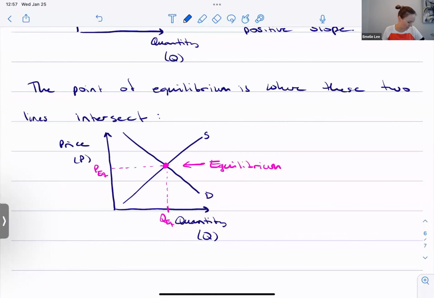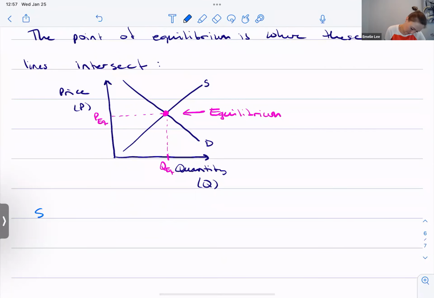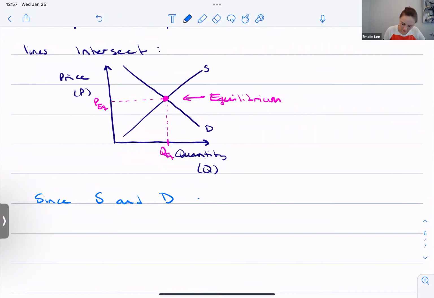So what I'm going to say is, since S and D are straight lines, they're just linear equations. So S and D are linear equations.